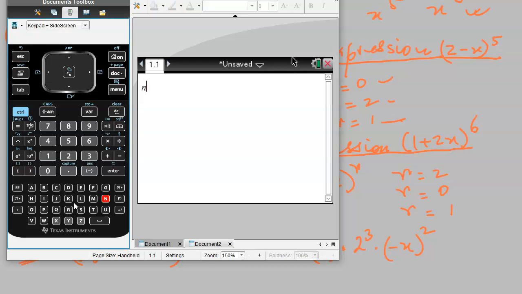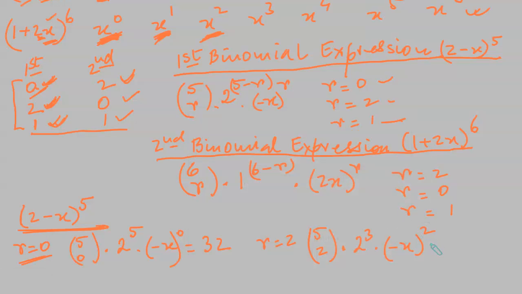So it is nCr 5, 2, 10. And 2 to the power of 3 is equal to 8. So 10 times 8 is 80, that is 80x squared.